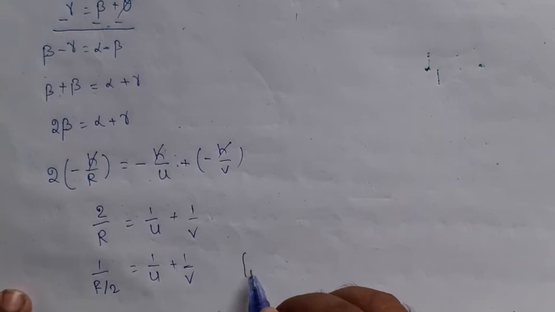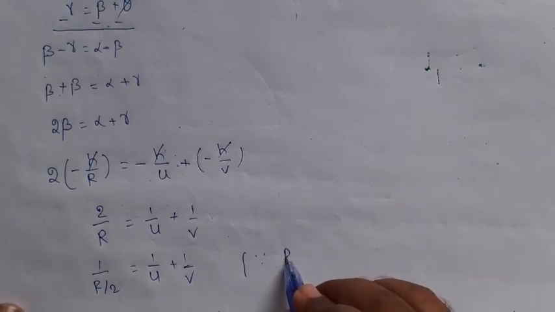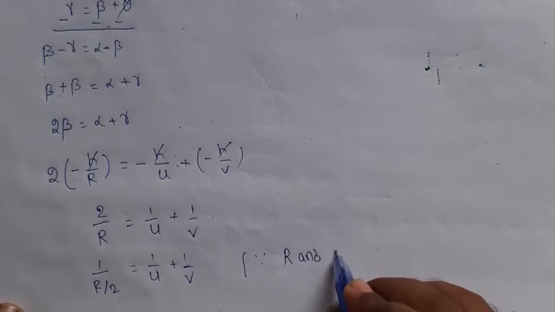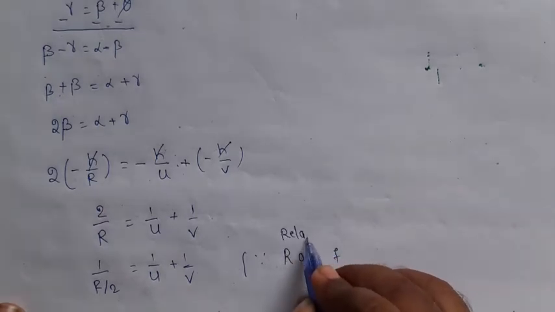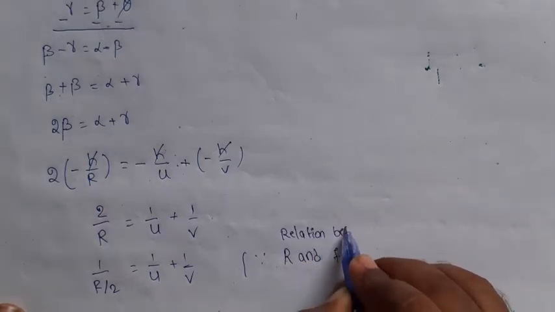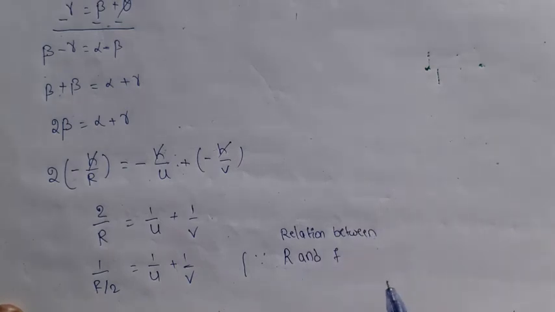From the relation between radius of curvature R and F, we have already derived the relation between R and F: F equal to R by 2.